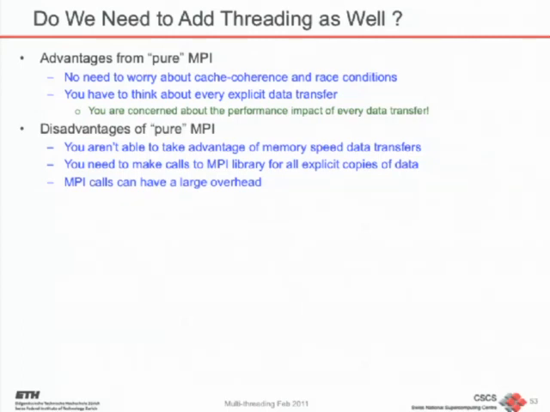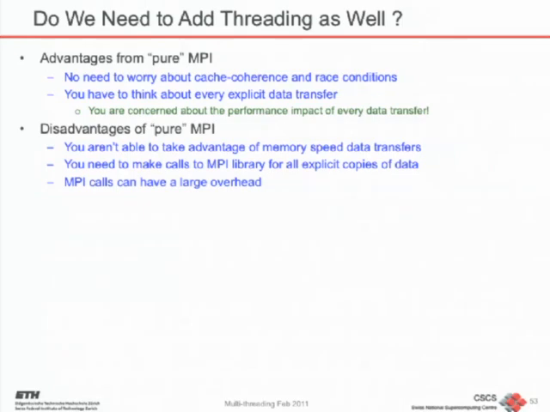So anyway, do we need to add OpenMP to our MPI codes? For pure MPI, we don't need to worry about cache coherence, as I said. You allocate your memory, you don't share it, so that's one advantage over just using OpenMP. And because you have to think about every transfer, you think about the impact it has on your performance at every transfer, and if you do a collective operation, you think about what that's doing to your code.